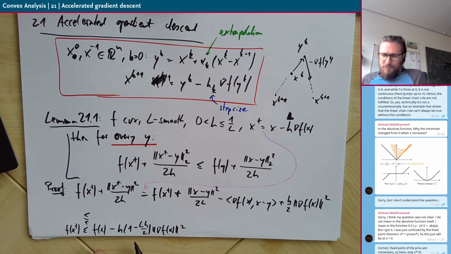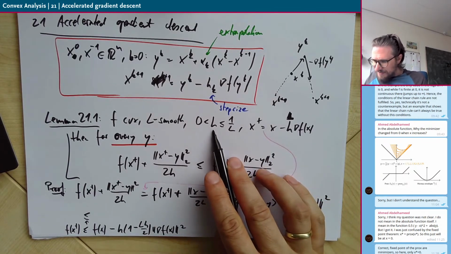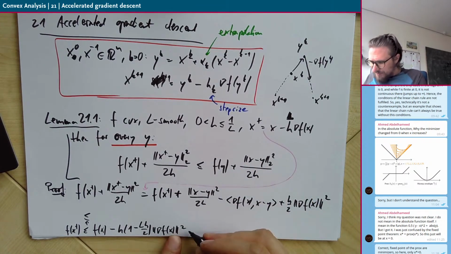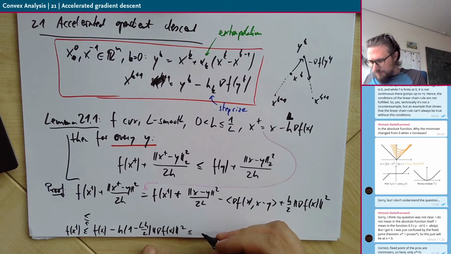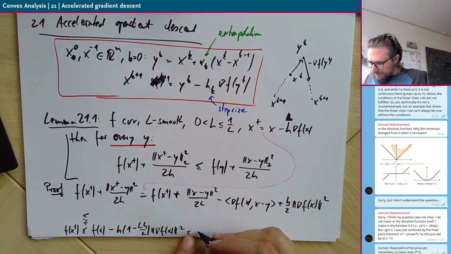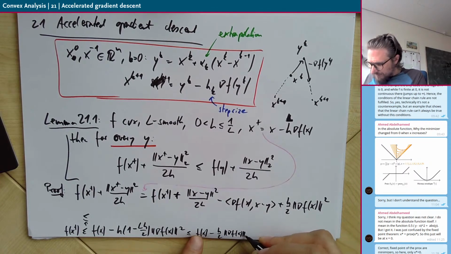That holds for all gradient steps, so we proved and used this before. And here we have that h is smaller than 1 over L, so this here is smaller than 1, and actually it's estimated from above by 1 over 2, so by f of x minus h over 2 times the norm of the gradient of f of x squared.